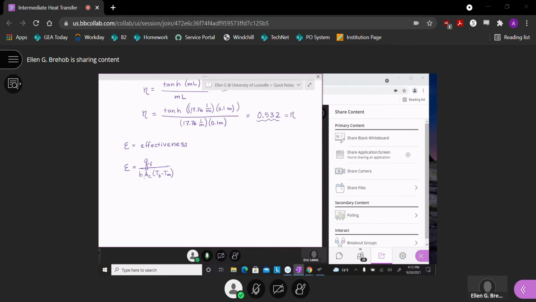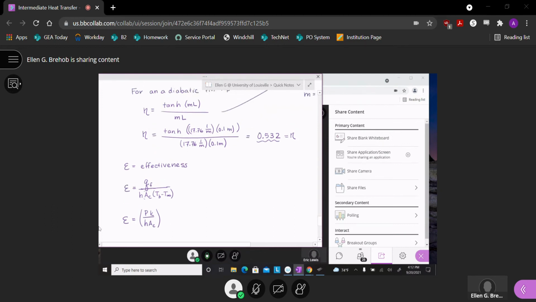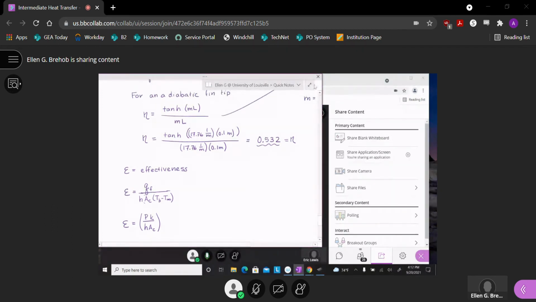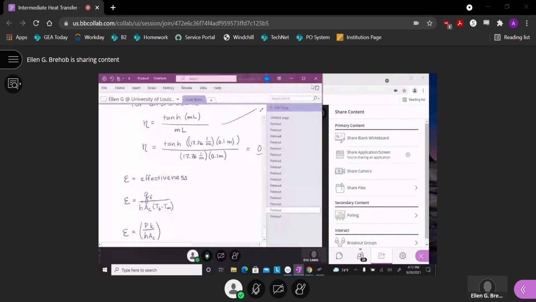Okay, I think we did this the other day, that we showed for a uniform cross-section fin with an adiabatic fin tip, for that particular case, the effectiveness looks like the square root of P k over h A_c. I'm not full screen, sorry about that.